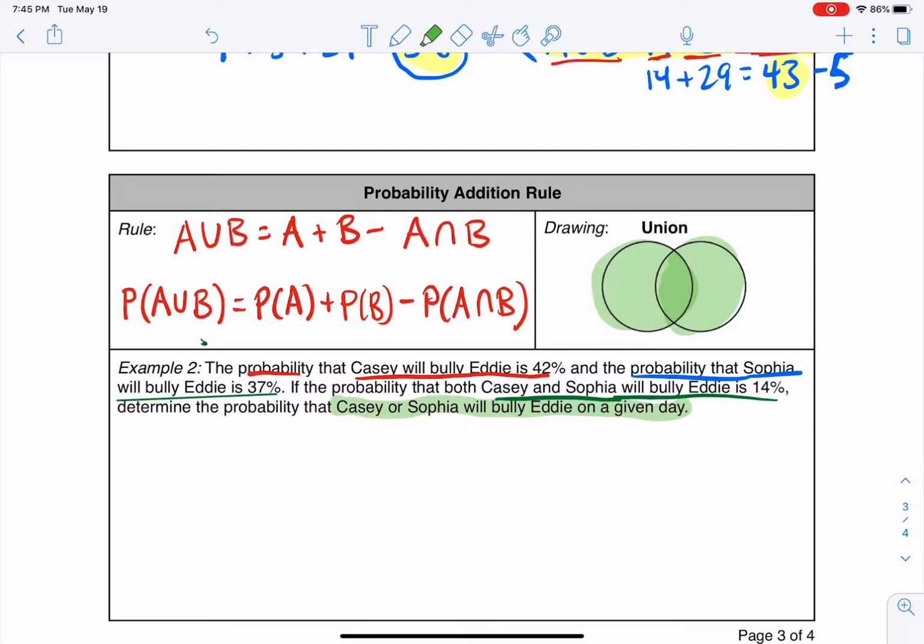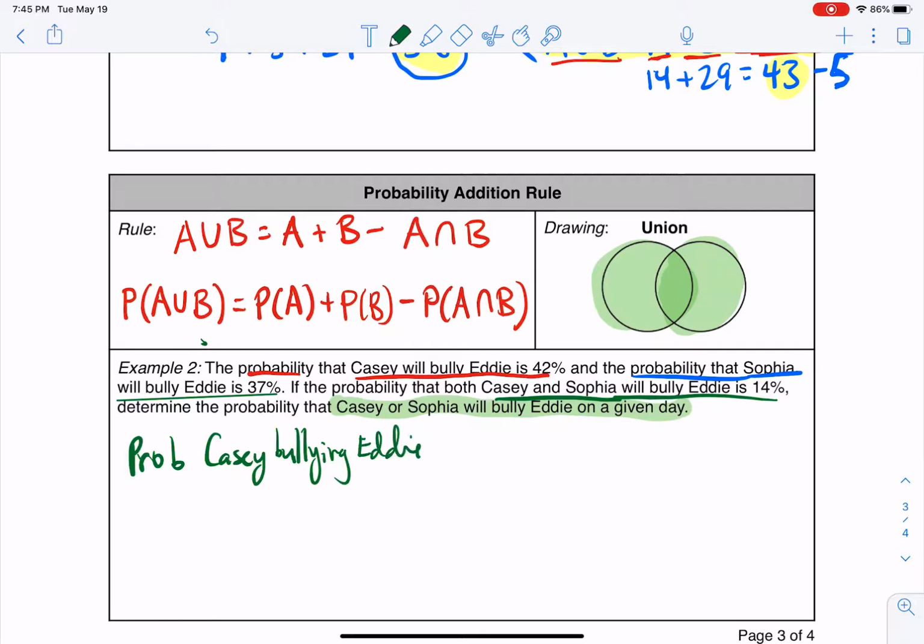So there's a lot going on in this problem in terms of bullying. Let's see if we can distill it down to the most basic elements. First of all, let's call the probability of A the same thing as the probability of Casey bullying Eddie.